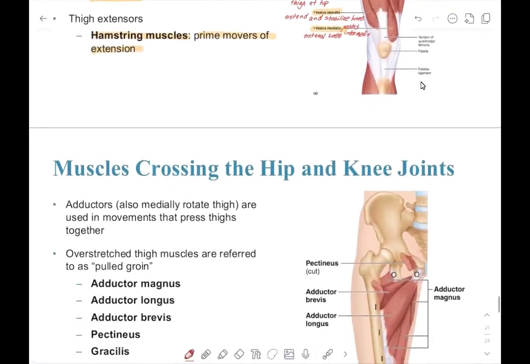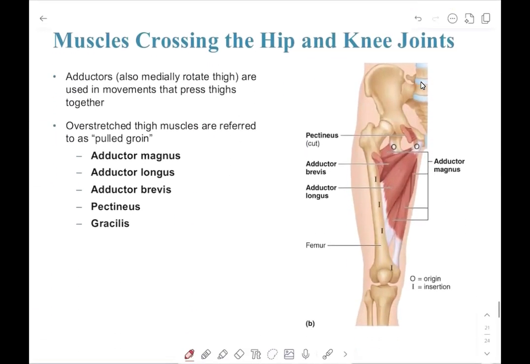On our next slide, which looks a little deeper at these muscles that are also crossing the hip and the knee joint, first of all, we have basically our entire adductor group, but specifically you're responsible for the adductor magnus. We can cross off the adductor brevis, as mentioned in the previous slide. They're going to adduct as well as medially rotate the thigh.